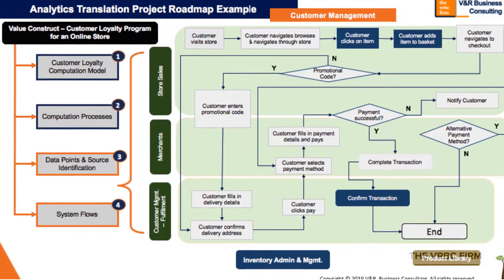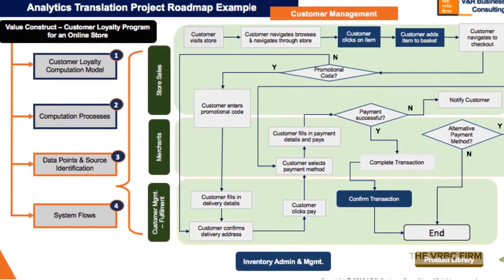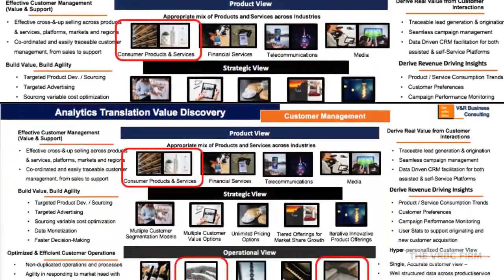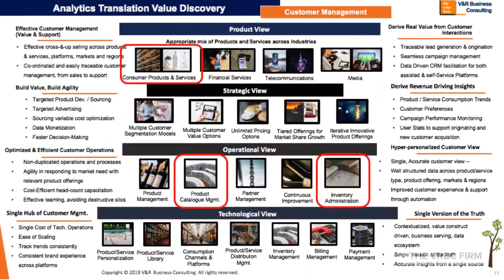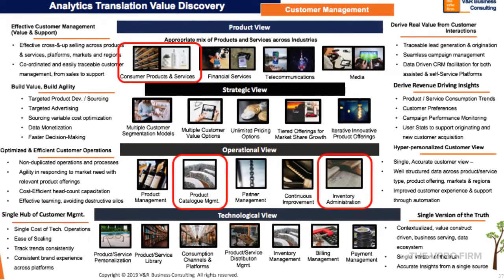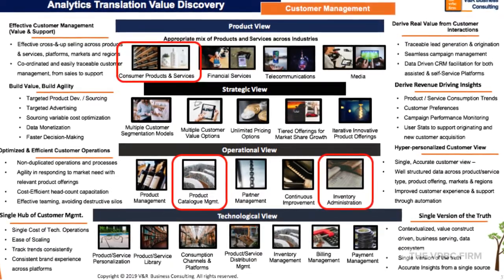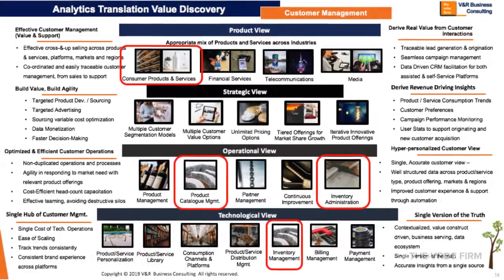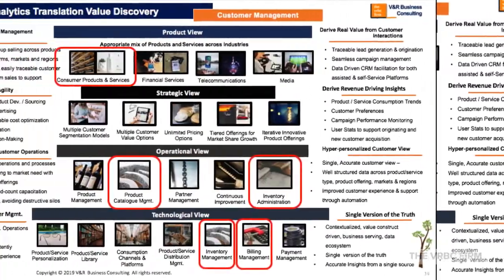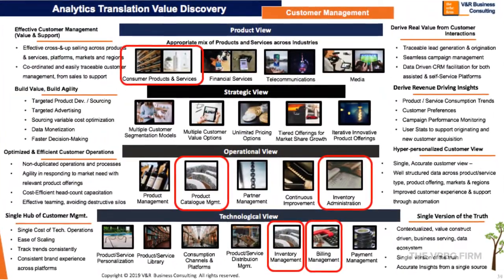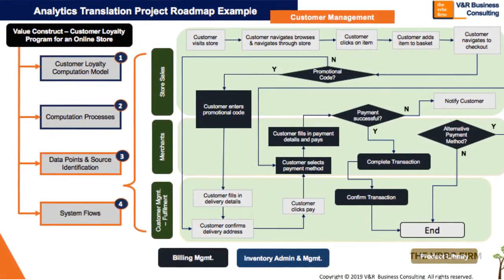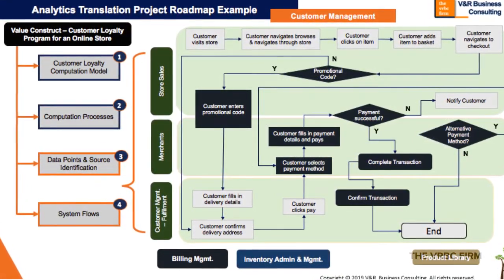Similarly, adding an item to the basket and paying for it happens on both the operational and technology layers. We carry on in the same manner for all the other journey points.